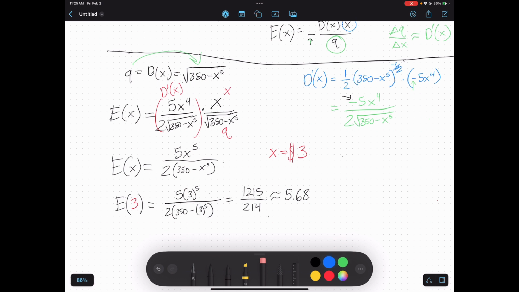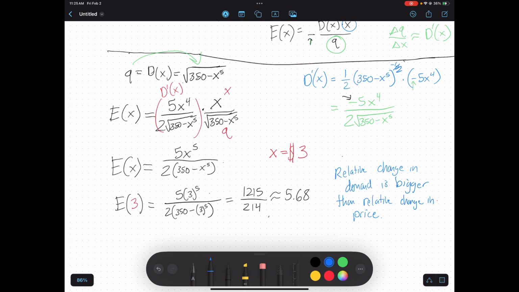So if I were to just write this simply, what this tells me is that relative change in demand is bigger than relative change in price.